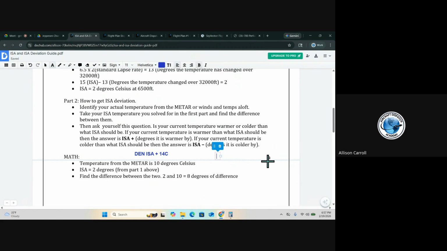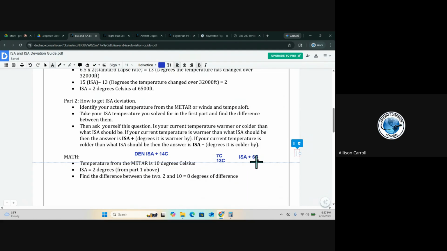So Salt Lake, ISA is supposed to be 7. The current temperature is 13. So that's a difference of, what, 6 degrees? And from 7 to 13, we are getting warmer, right? We're getting warmer by 6 degrees Celsius.